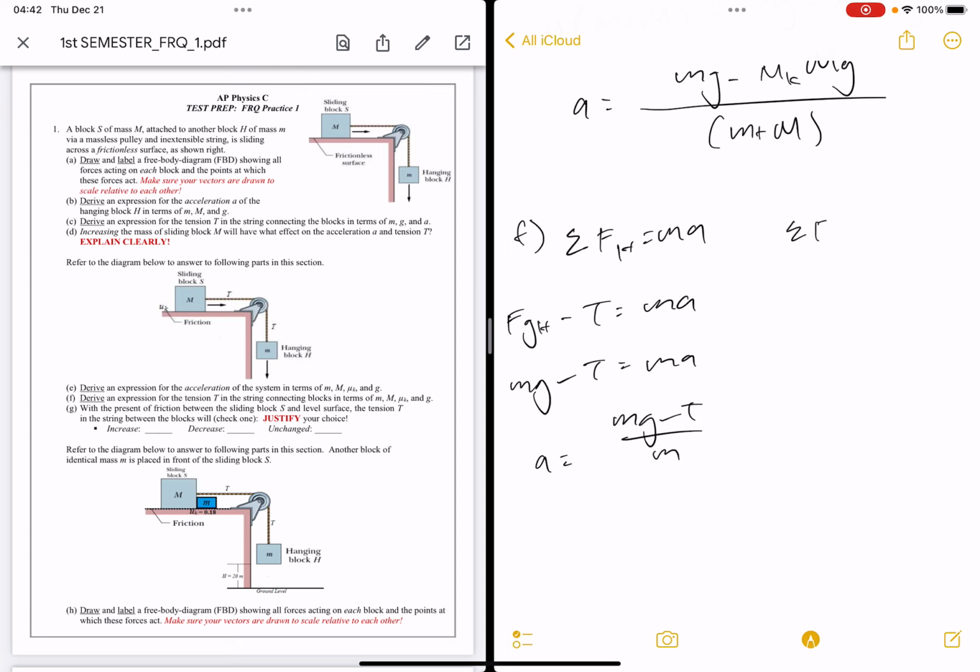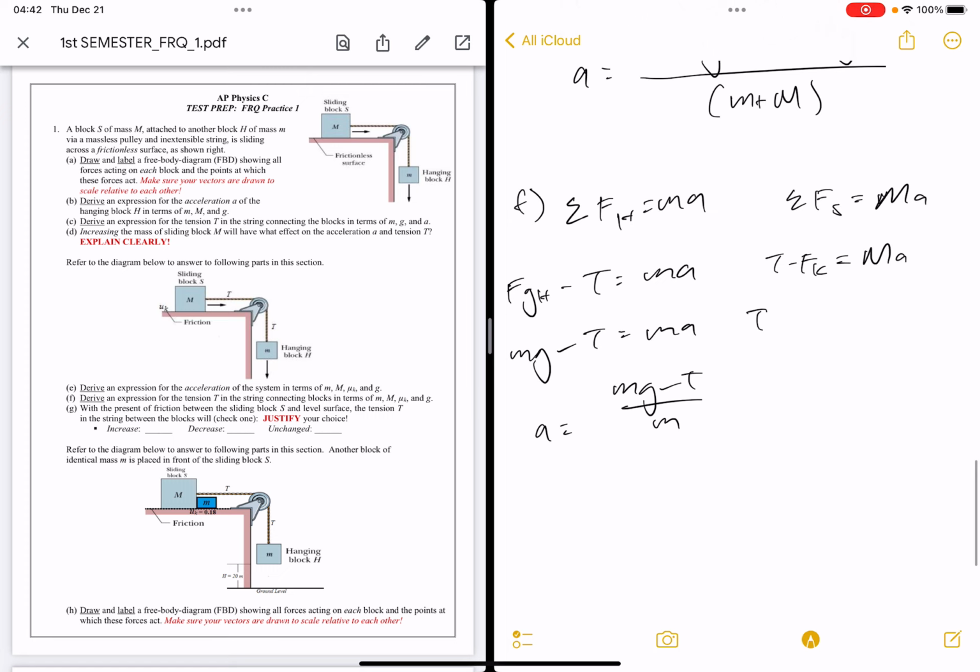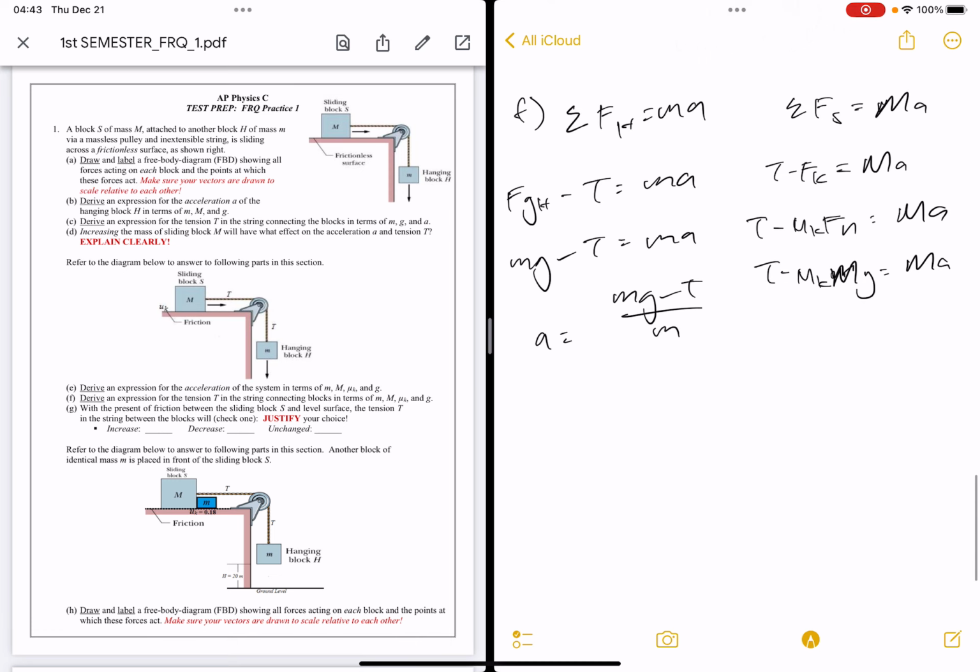So now I'm going to do block S: big Ma equals T minus Fk, so T minus mu k Fn equals Ma, T minus mu k big Mg equals Ma. And here A equals (T minus mu k big Mg) over big M.